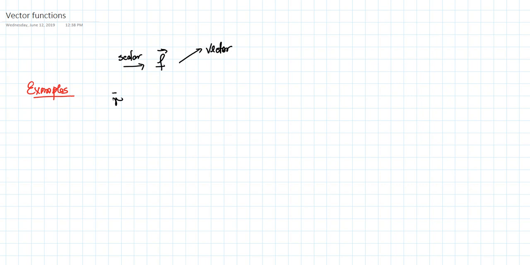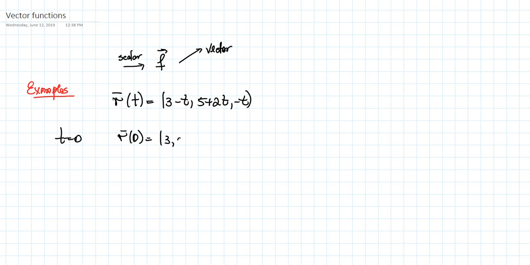If we're given a vector function in the form r(t) = (3 - t, 5 + t, -t), this is an example of a vector function, right? By substituting different values for t, we can find different vectors, or different points. When t is equal to 0, what is r(0)?